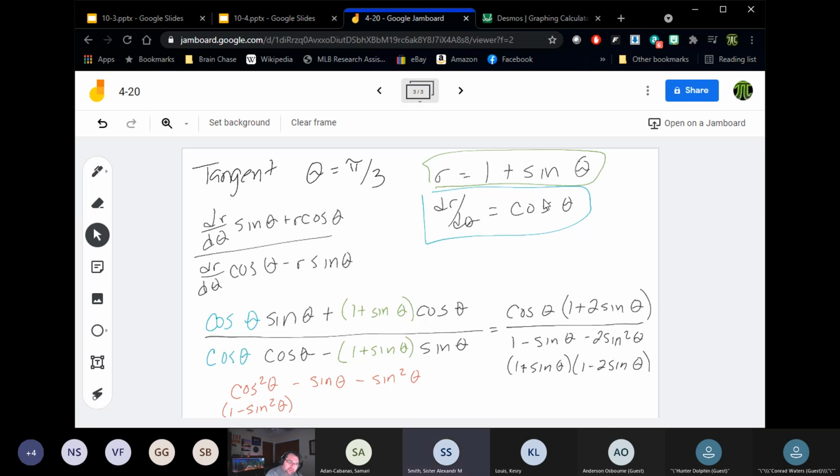So at the very beginning, how did you get the cosine? You did the derivative of 1 plus sine theta. Oh, okay. Because that's what the dr d theta is. It's a derivative of whatever r is.